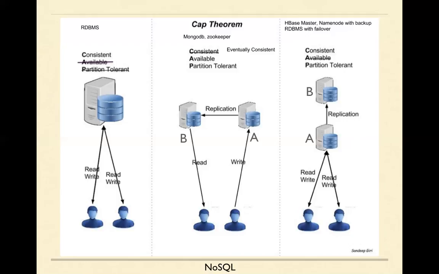There won't be conflicts, there won't be parallel writing at A and B, which means data gets corrupted and inconsistent. So these databases, instead of providing consistency, generally provide eventual consistency. All right.